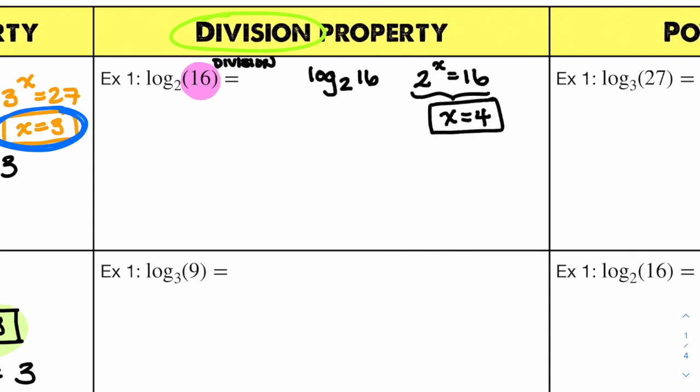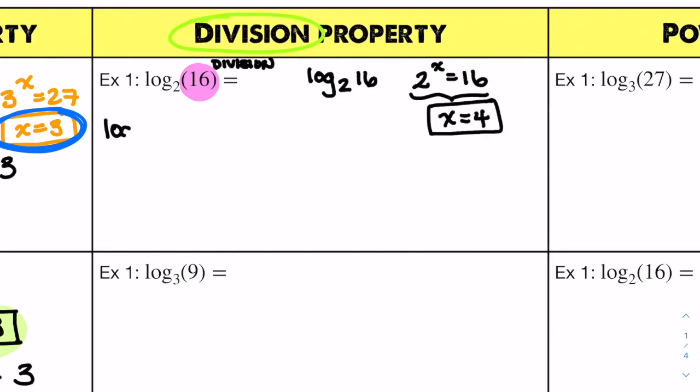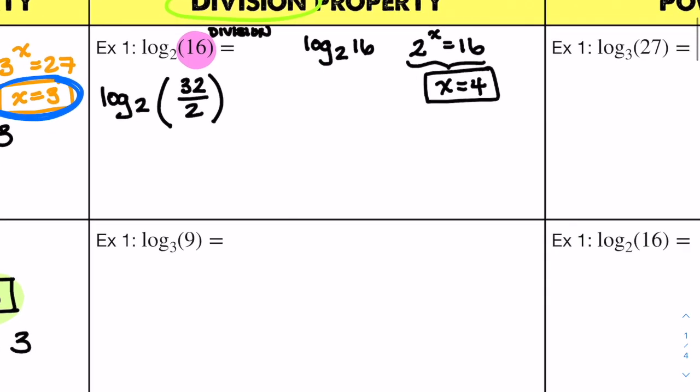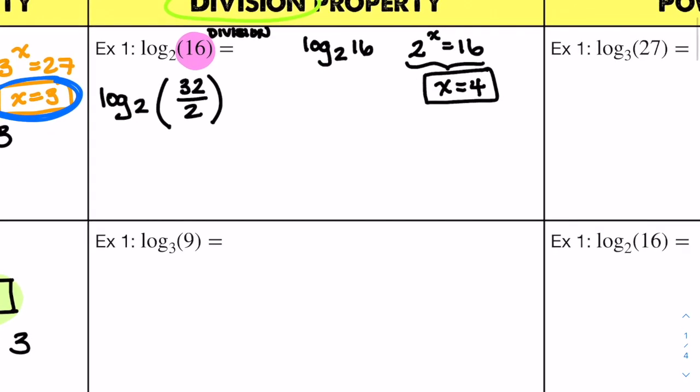division. So let me just think of two things that I could divide to get 16. And I'm thinking 32 and 2. So let's say I had log base 2 of 32 over 2. Okay, and I'm going to go ahead and look at these logs separately. So, okay, log base 2 of 32 and log base 2 of 2.